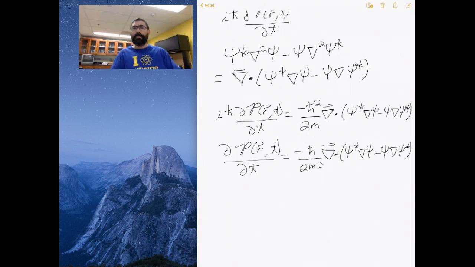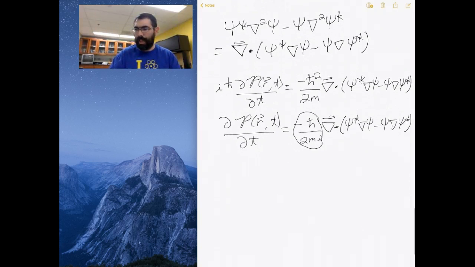And all of these are constants, so minus h bar over 2mi are just constants. I can bring them to the other side of the del operator, and I can rename this quantity J.